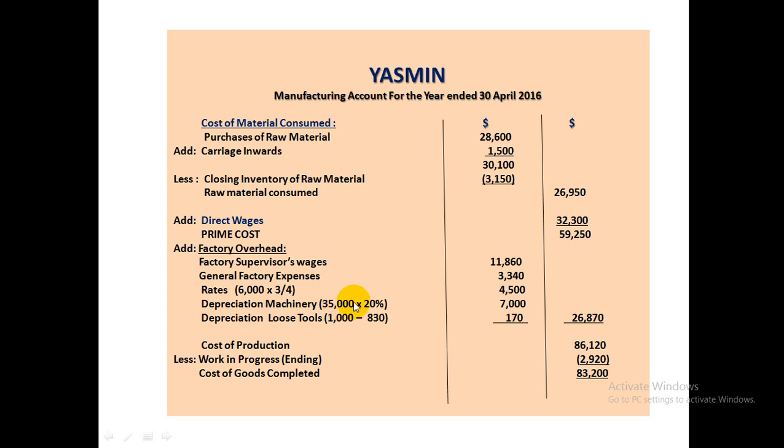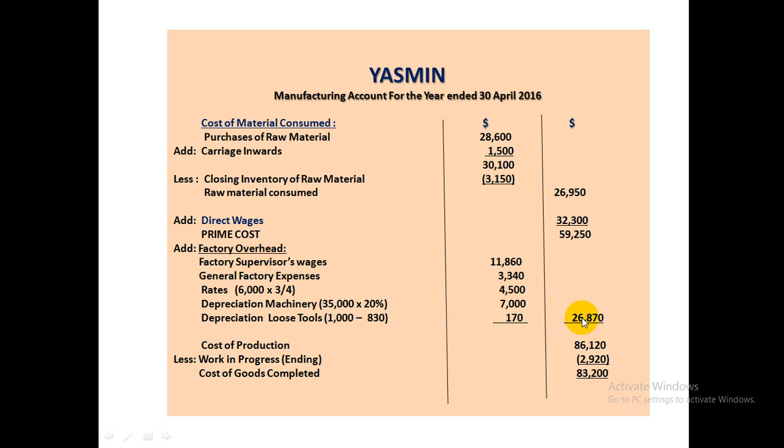Depreciation machinery, on the cost we have to calculate 20%, will come here. Only the expenses which are related to production or factory will be taken in this portion. Office expenses are ignored while calculating this portion because they are to be taken in the income statement. Depreciation loose tools will be calculated by revaluation method. The total of all FOH, that is factory overhead, is written here.